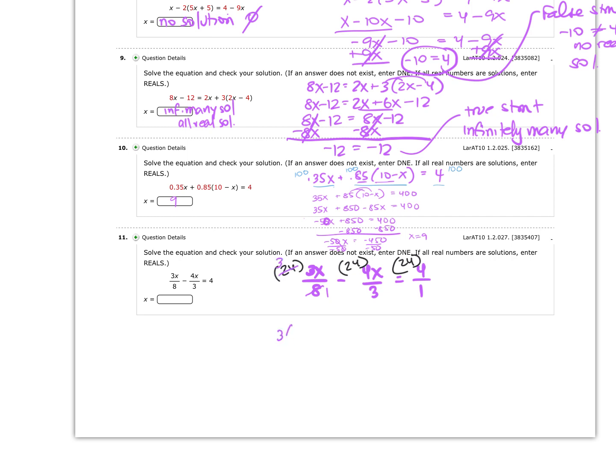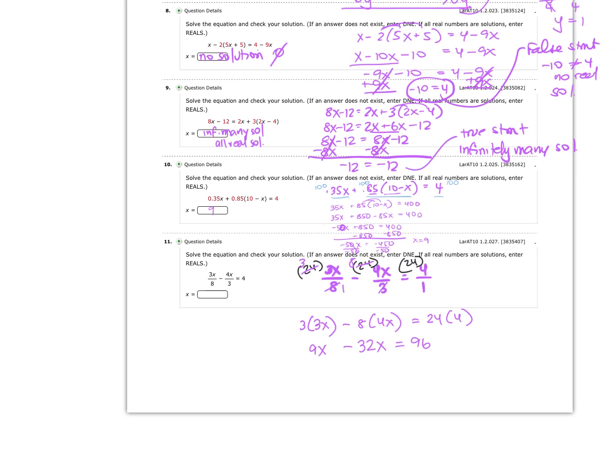And that's going to leave me with 3 times 3x. And then over here, the 3 is going to cancel. It's going to be an 8. And it's going to be minus 8 times 4x. And my denominator is already 1, so nothing can cancel there. And it's going to be 24 times 4. So when I do the math, 9x minus 32x equals 96.